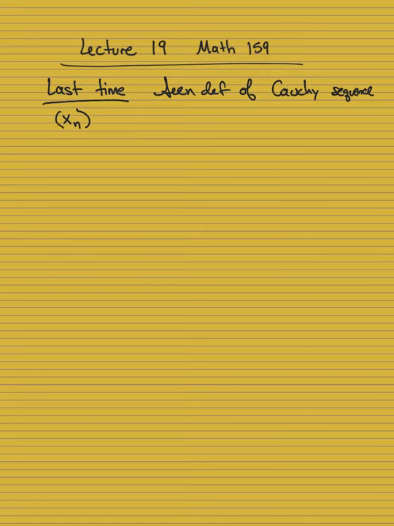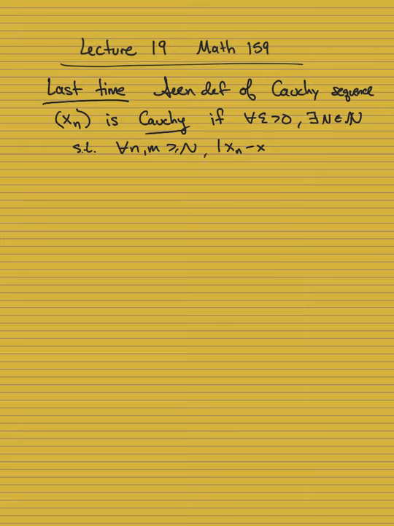So xn is Cauchy if for any epsilon greater than 0, there was some n in the naturals depending on epsilon, so that if you looked at any two terms of the sequence that were far enough down in the sequence, we had that |xn minus xm| was less than epsilon.